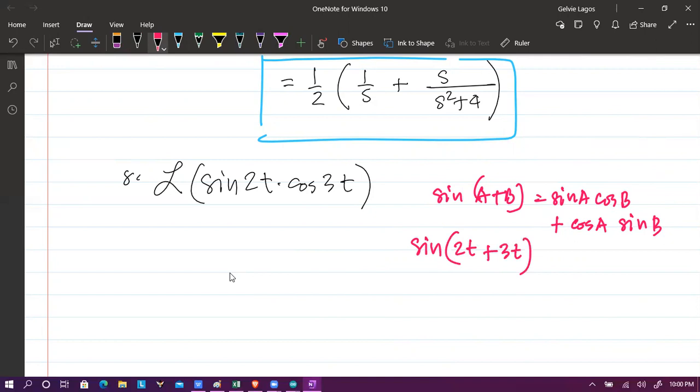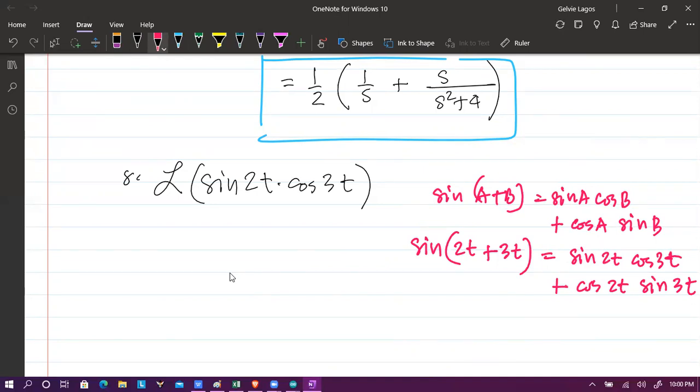We can use this sum of two angles. This will become sine of A, which is 2t, cosine of B, which is cosine of 3t, plus cosine of 2t multiplied by sine of 3t. That is for sine of 2t plus 3t.